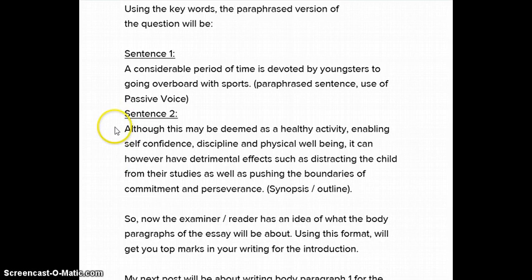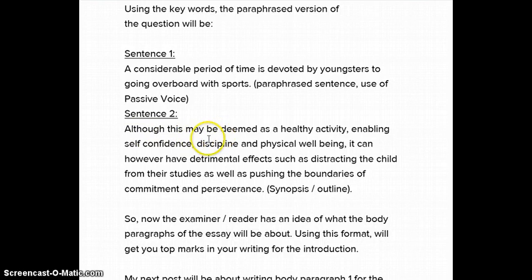Now, a lot of people in this paragraph, they use the word advantage, disadvantage, but pay attention to how I have worded this sentence, and from the tone and vocabulary that I've used, you should be able to understand which aspects I think are advantages and which aspects are disadvantages.